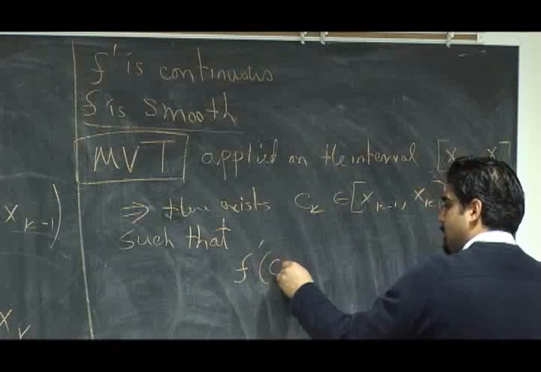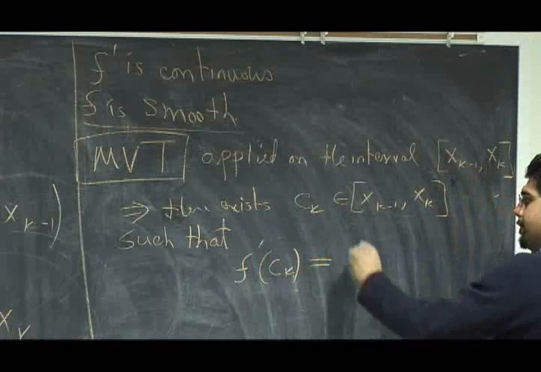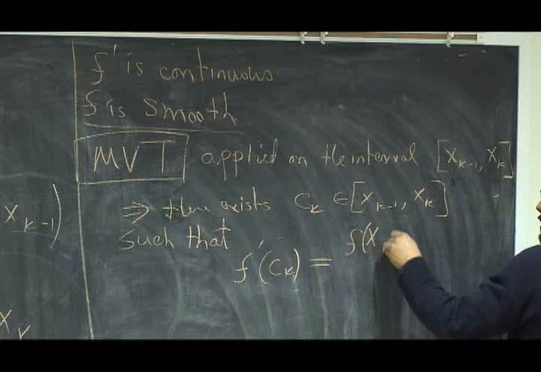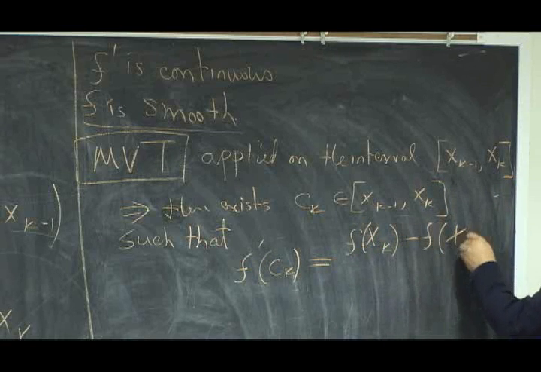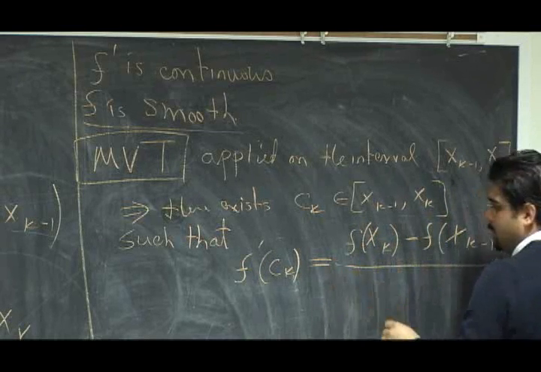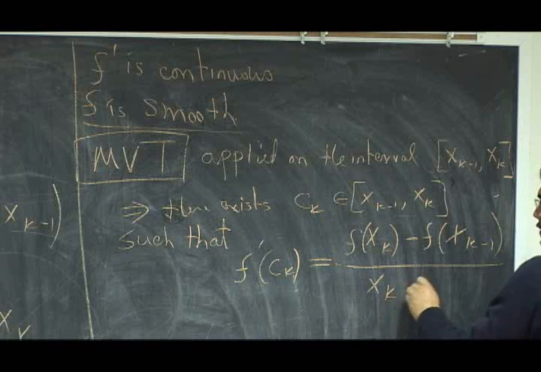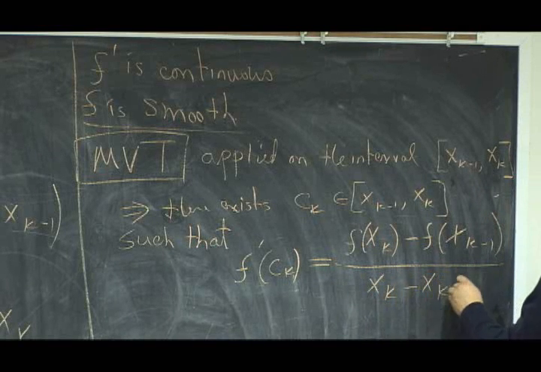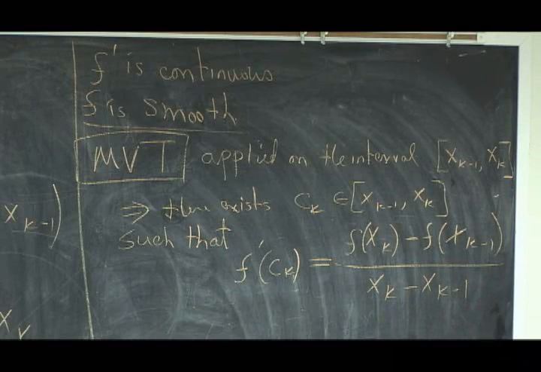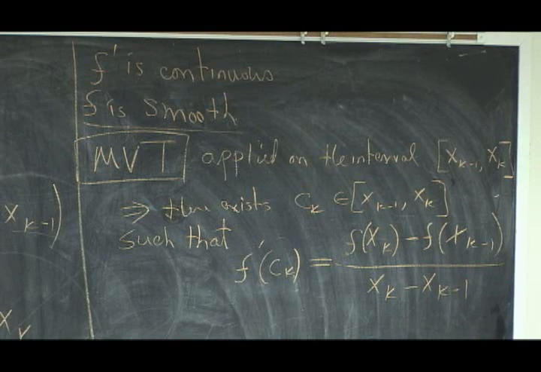F prime of c sub k equals f of x sub k minus f of x sub k minus 1 over delta x. Very good. Okay? Does that make sense?